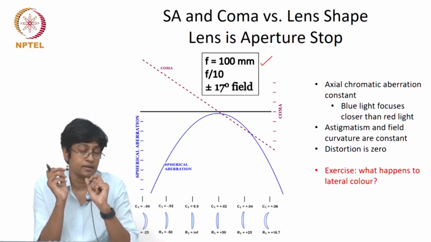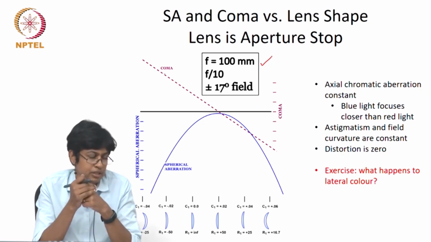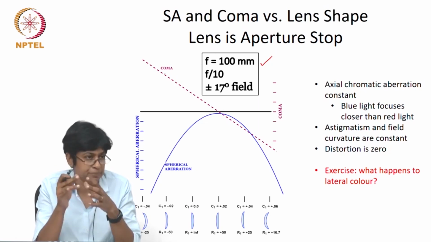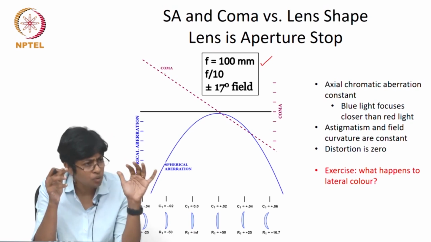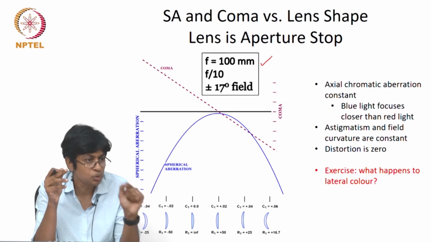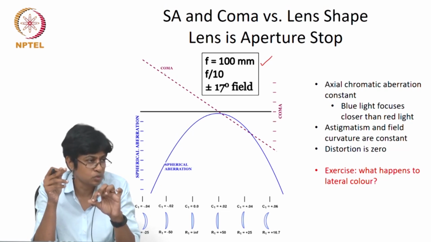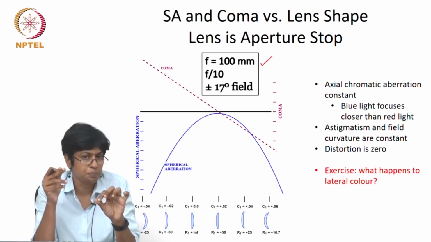On the other hand, I want to do something to affect these aberrations. So I have looked at shape, but we had listed out a whole range of different parameters that we could play around with to affect the aberration. Shape was just one of them. The other one, a very important tool, is the stop itself.